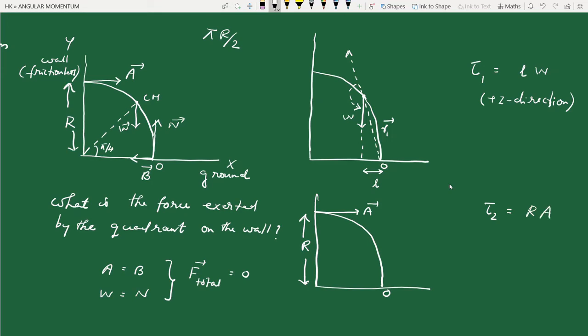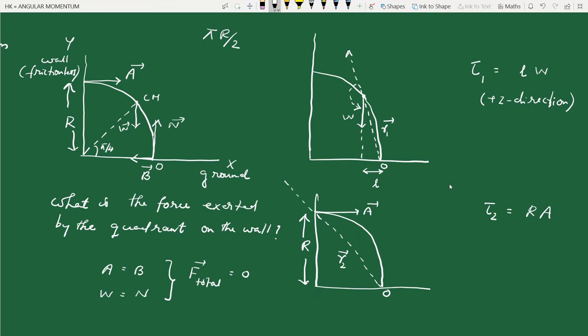What is the direction? To find the direction, we should know the position vector from the origin to the force. The position vector from the origin to the point at which the force is acting is this one. Let us say the position vector is r2, and its direction can be extended like this.